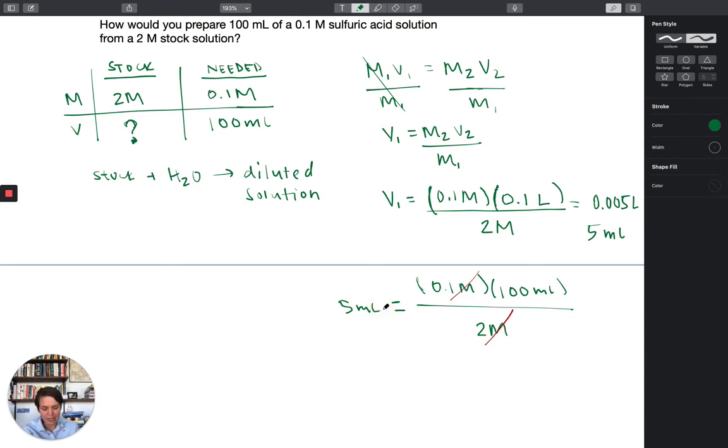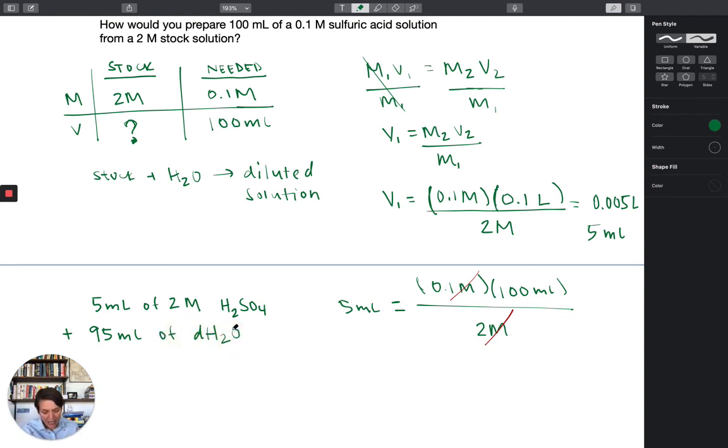Okay, so what does that mean? That means in order to make my needed solution, I need to take 5 milliliters of 2 molar sulfuric acid, and to that I need to add 95 milliliters of distilled H2O.